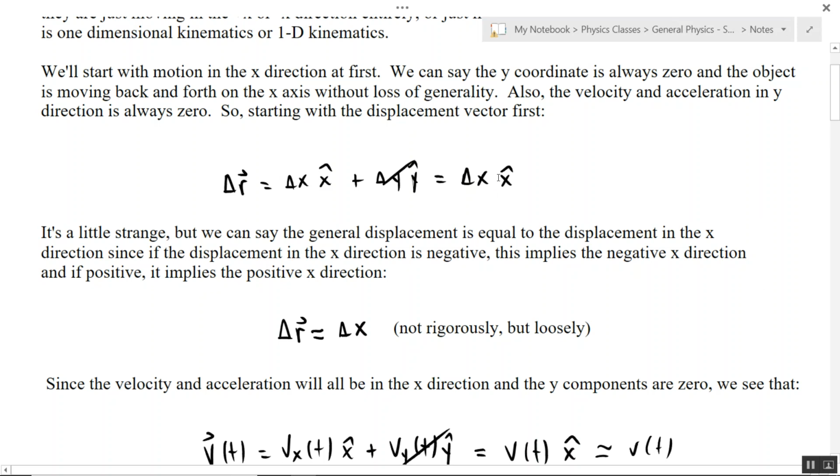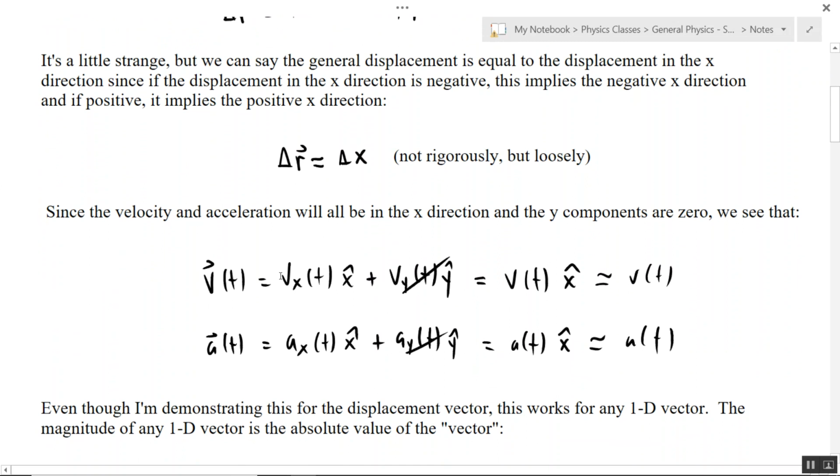It's delta x, x hat. So you don't need to write the x hat because it's implied that you're going back and forth in the x direction. So we can say that delta r is basically equal to delta x. You don't have to write the x hat all the time because it's implied. So the notation changes slightly, and it will change slightly again, as you'll see.